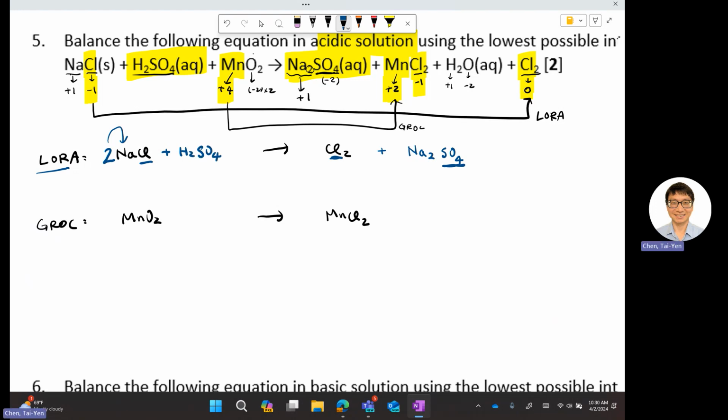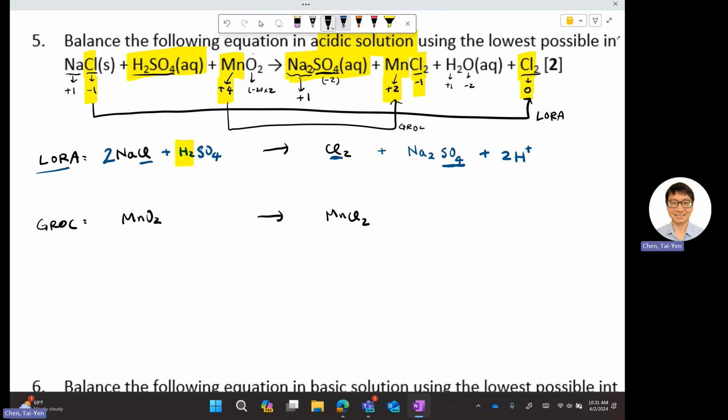By now you have balanced the SO4. Then you realize you have 2 extra H on your reactant side, so you need to balance that. Since we have acidic solution, you add 2H plus to balance the 2 extra H. Up to this point, you have balanced all atoms for your LEO half reaction.